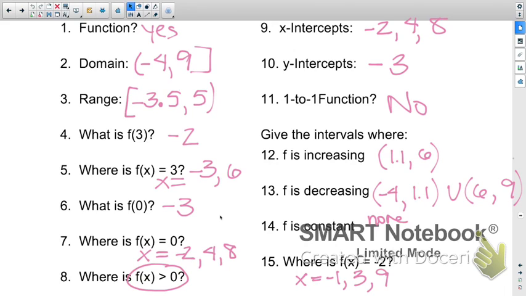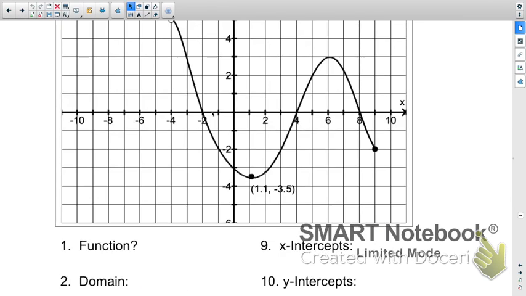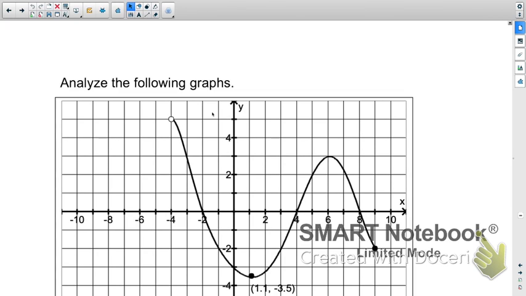That's all it's asking me for. Where are the y values greater than 0? So this is physically looking at that graph, and I'm just going to scroll and show you. It's going to literally be the sections of the graph that are above the x-axis. If it was less than, it would be the sections that are below the x-axis or below whatever that horizontal line number is.